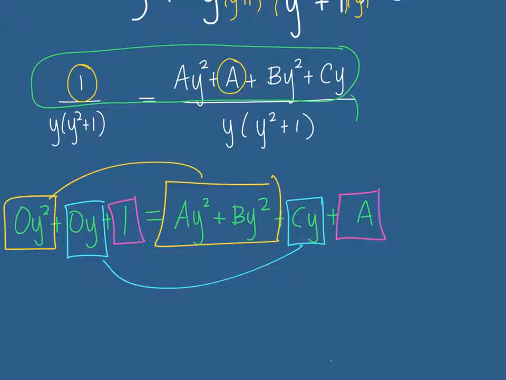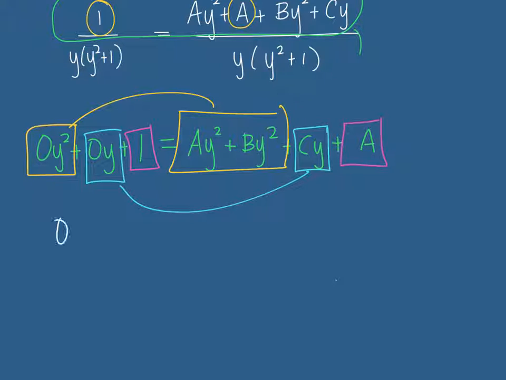So 0 in the y squared box must match up to the constants a plus b. If I have no y squareds, then a and b have to cancel each other out. That's the only way to get no y squareds. In the blue box, no y matches up to c, so c has to be 0. And in the pink box, 1 is the only constant matching up to be a.